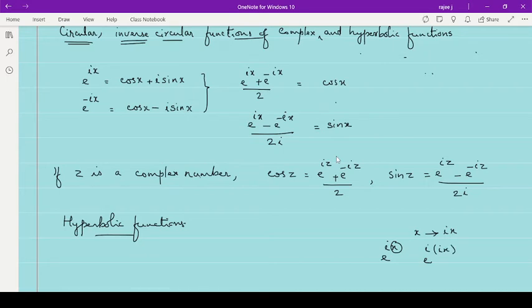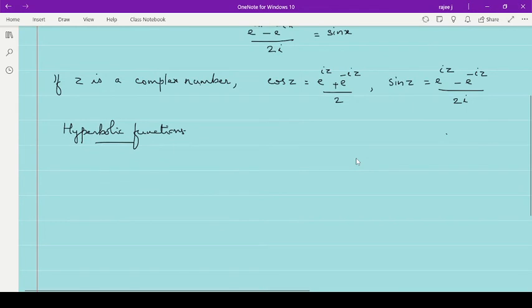So when you replace x with ix, we will get hyperbolic functions. Directly I will write the formula: we have cos x is equal to e raised to ix plus e raised to minus ix divided by 2. Just this I will show you.